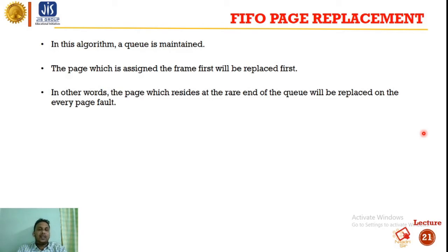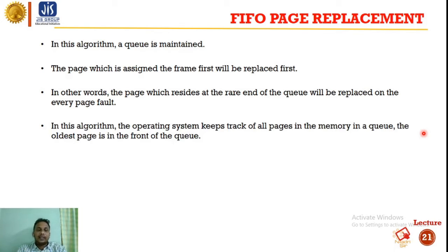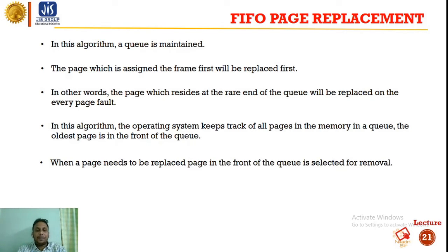If a page fault happens, the page at the front of the queue is selected for removal. The operating system keeps track of all the pages in memory in a queue, and the oldest page is at the front. I am giving you an example.